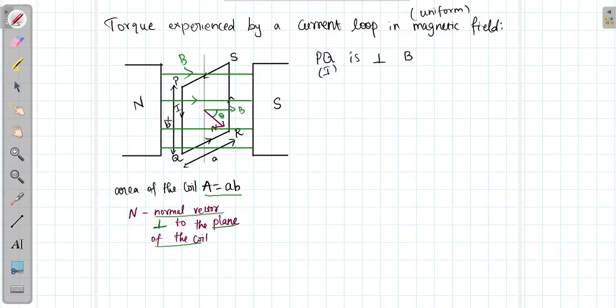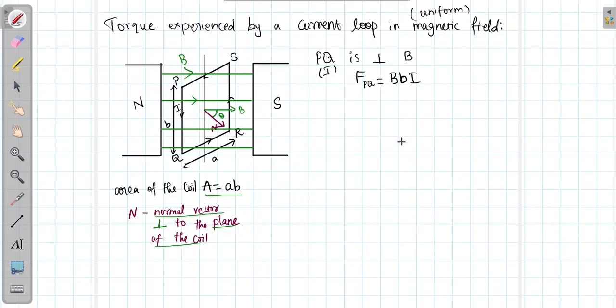The length is B. Therefore, the force experienced by the segment PQ is BIL, that is, BBI.